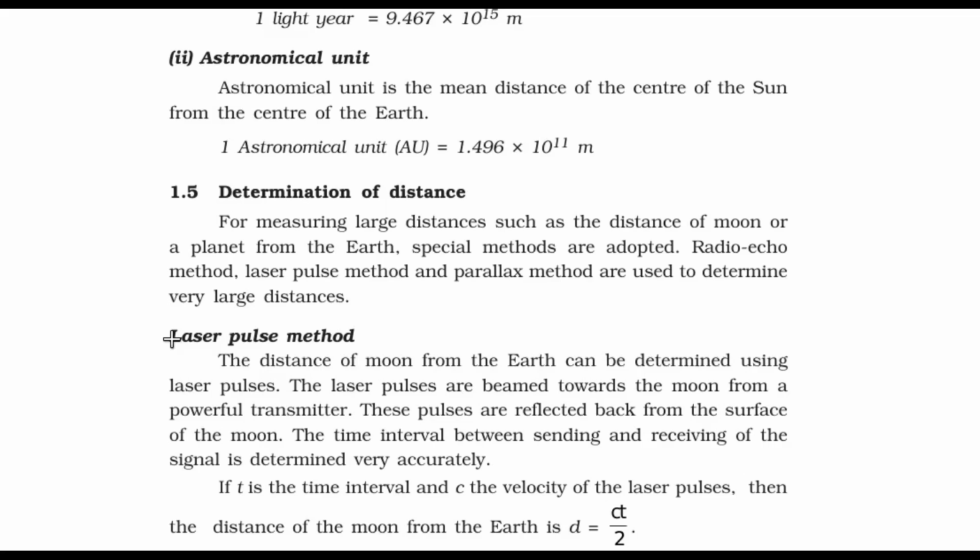These pulses are reflected back from the surface of the moon. The time interval between sending and receiving of the signal is determined very accurately. If t is the time interval and small c is the velocity of the laser pulses, then the distance of the moon from the earth is small d equals c into t by 2.